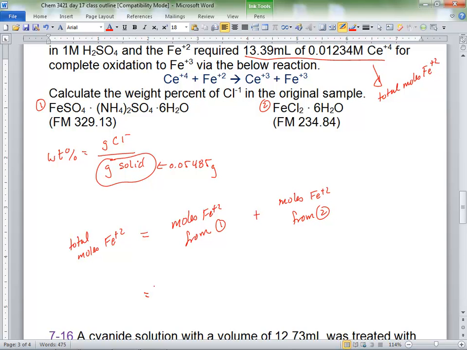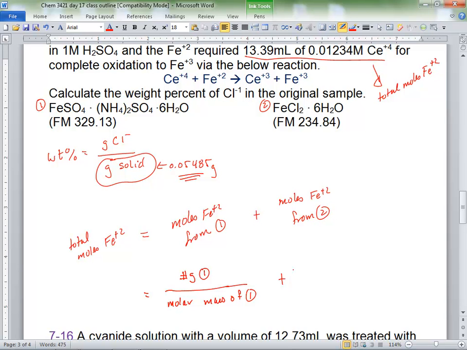Okay. So the moles. Now, if we had 0.05485 grams of the stuff, this is with... Does this make sense?